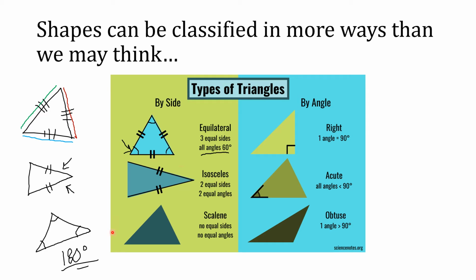One additional point that we can talk about when we're looking at equilateral triangles and isosceles triangles, so these first two cases, is if you want to show that any two angles are the same.